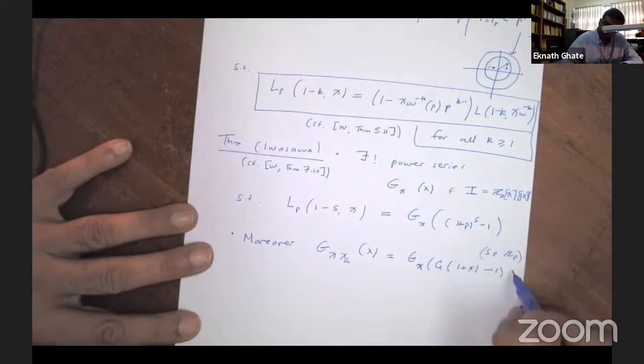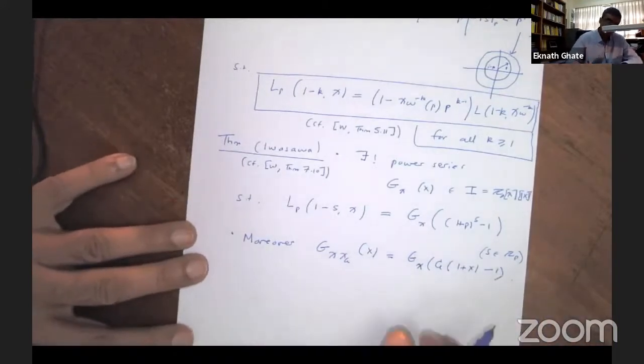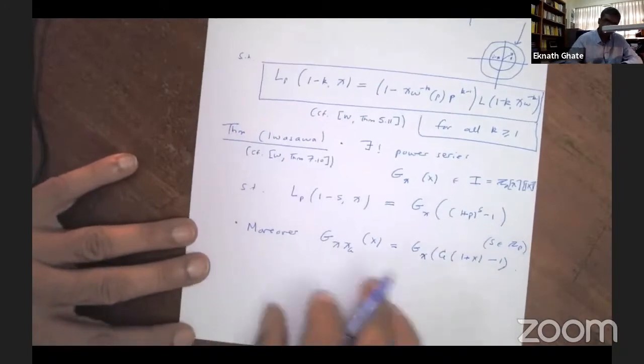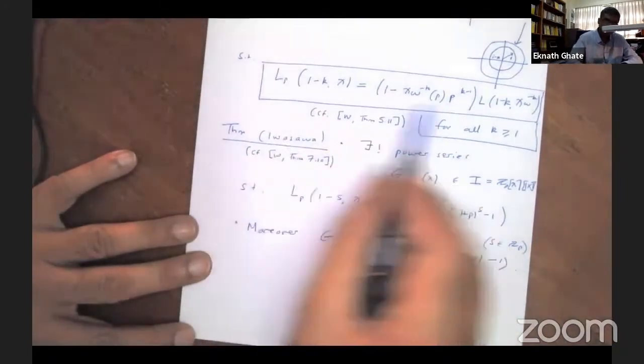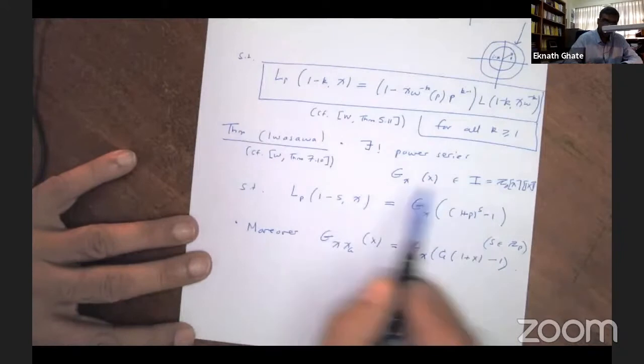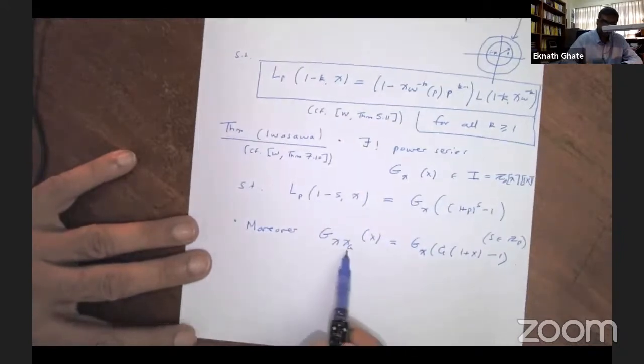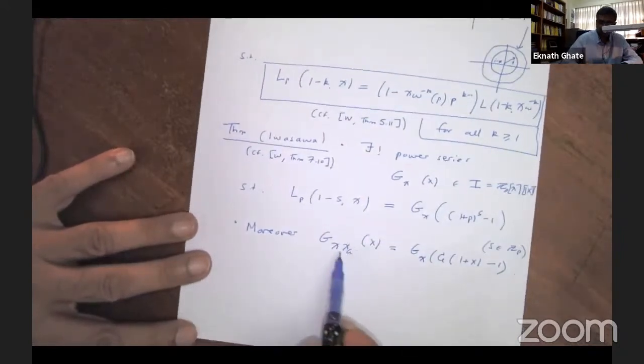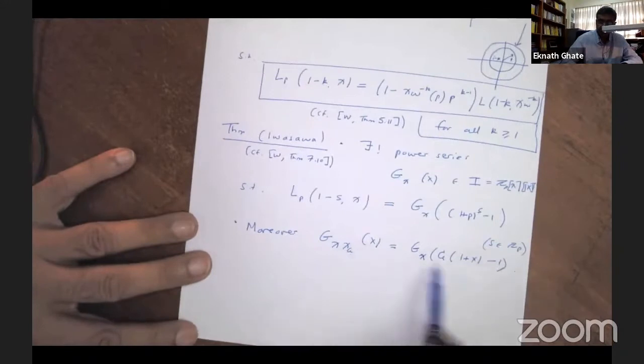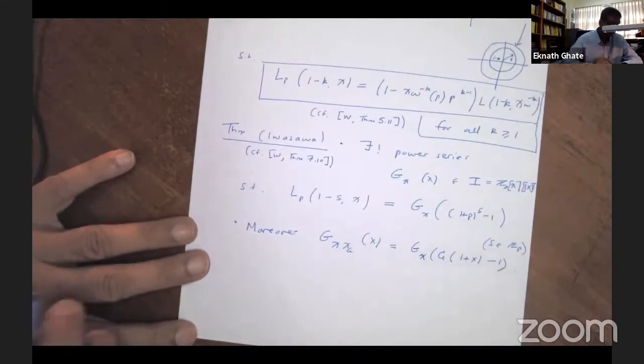Enough brackets? Maybe not. Yes, I think I have enough brackets. So these are two little properties I'm going to use of this particular p-adic function. First of all, it comes from a power series, and secondly, if you just move your character by a wild character, then it behaves like this.